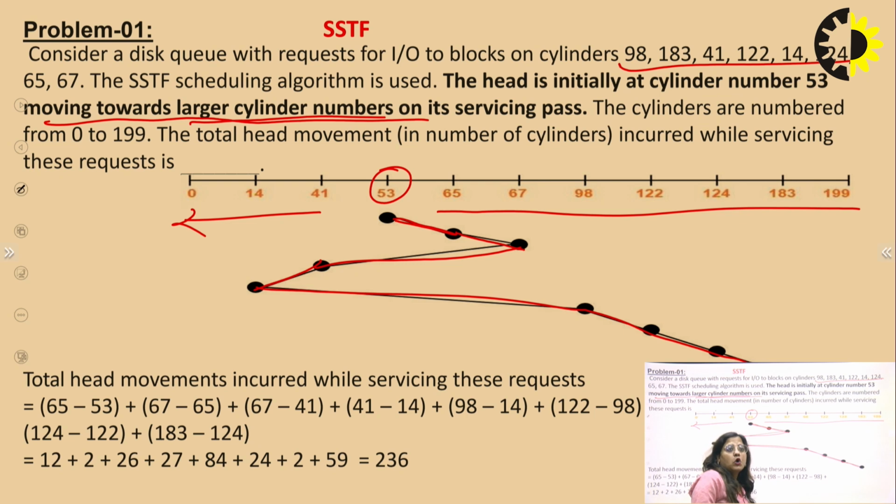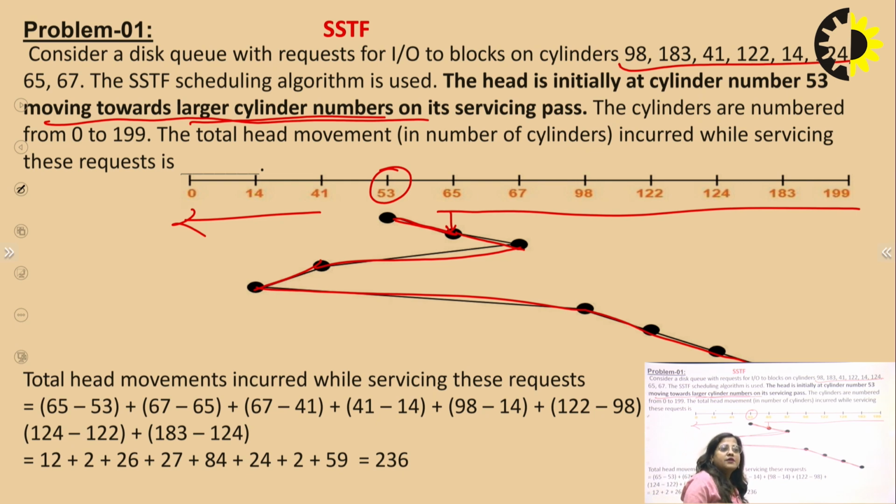Why? Because it is based on SSTF. Because the first request is 98, but 98 is far from 53. But in the given requests 65 is very short from 53. That's why we mention first 65, then 67, because here the read write head is present on 65.